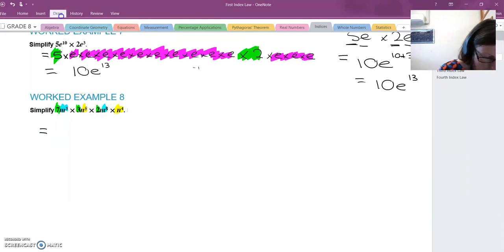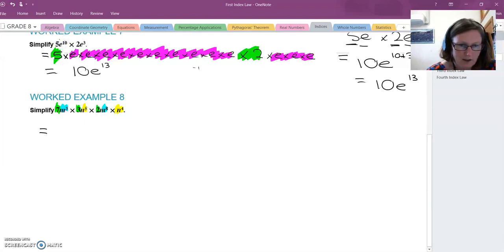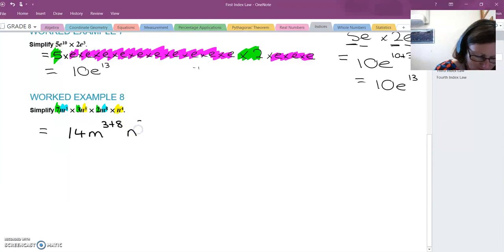Using index law 1, look at the green information: 7 times 2 is 14. Look at the aqua information: m to the 3 times m to the 8. Index law 1 tells me I add the 3 and 8. Look at my n's, that's the yellow: I've got n to the 5 times n to the 4. Index law 1 says 5 plus 4. So this would be 14 m to the 11 n to the 9.